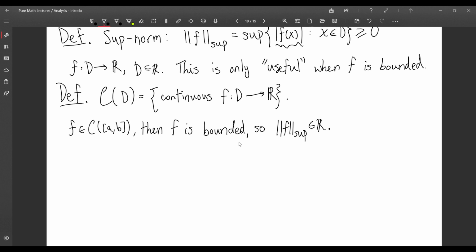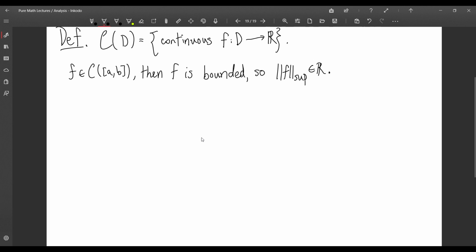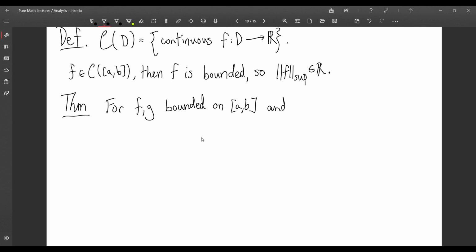And we get this theorem that for f and g continuous on [a,b], and alpha any real number, then three things are true.